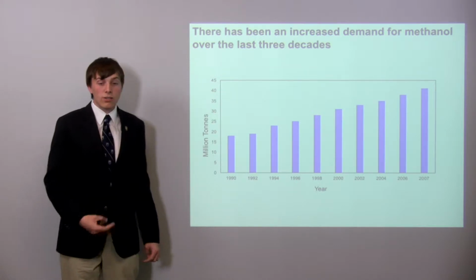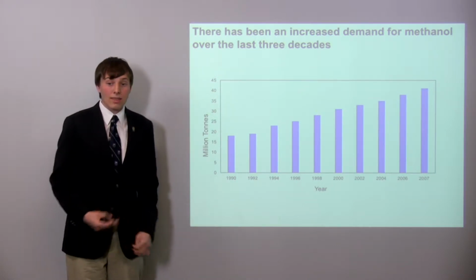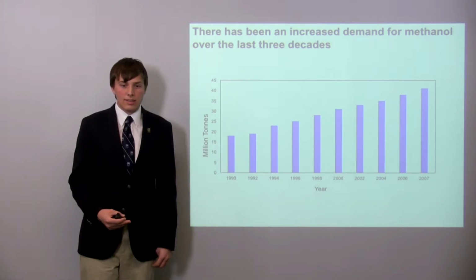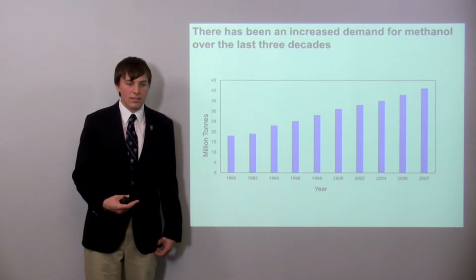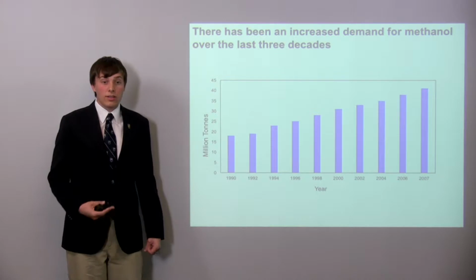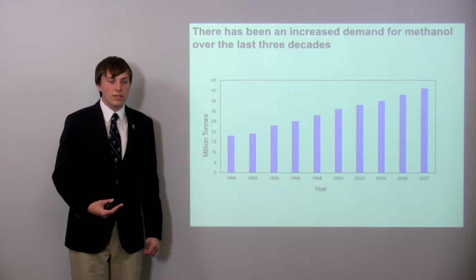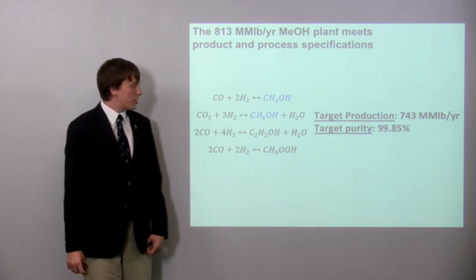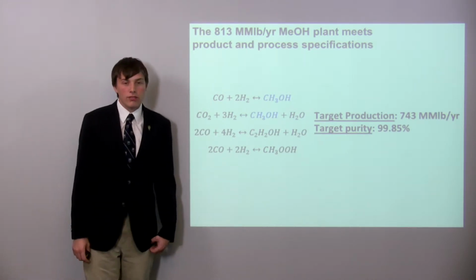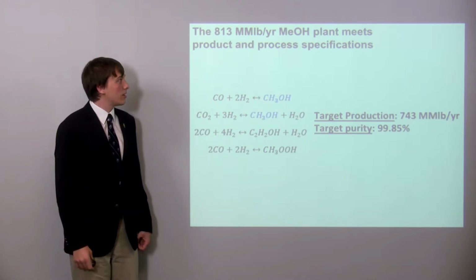Due to the increase in methanol demand and the decreasing price of natural gas, there is an opportunity to possibly turn a profit. Our target methanol production is 743 million pounds per year.